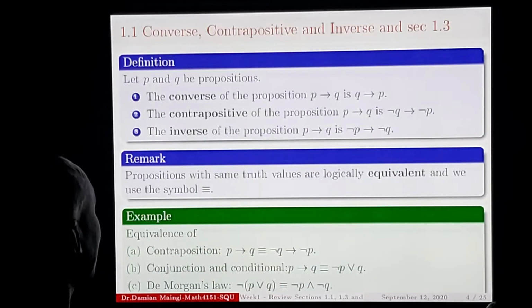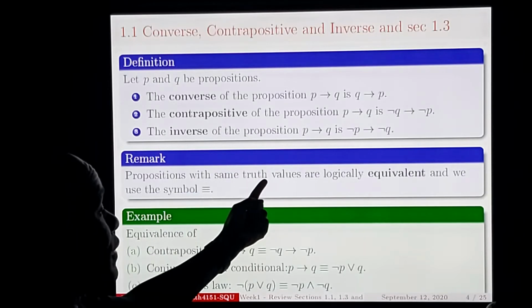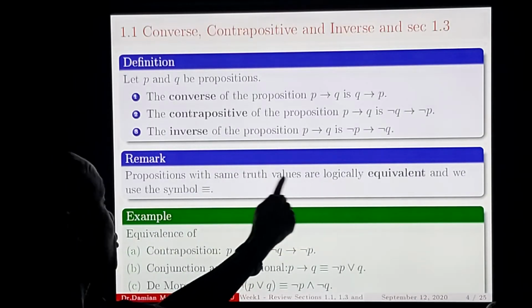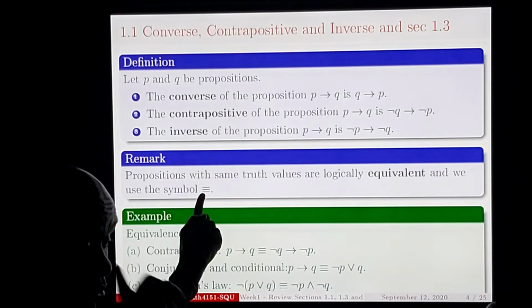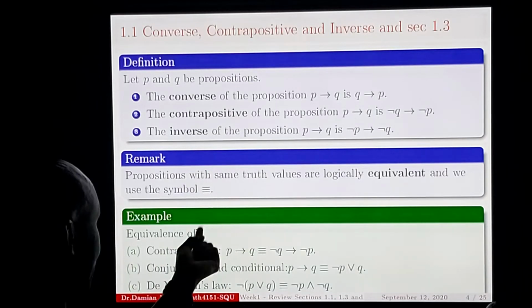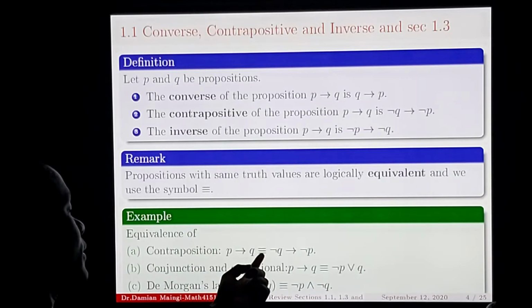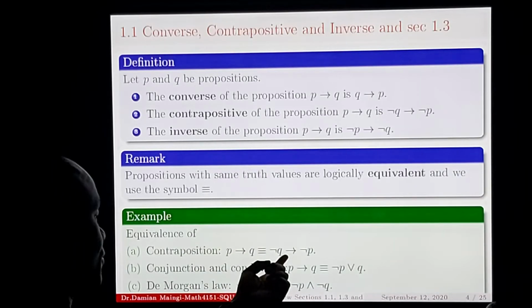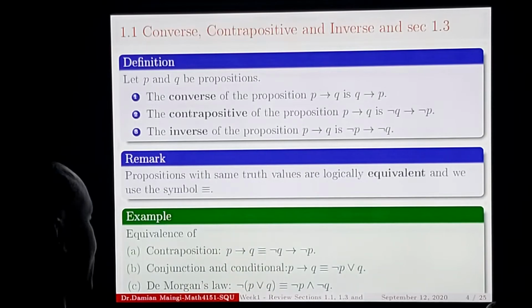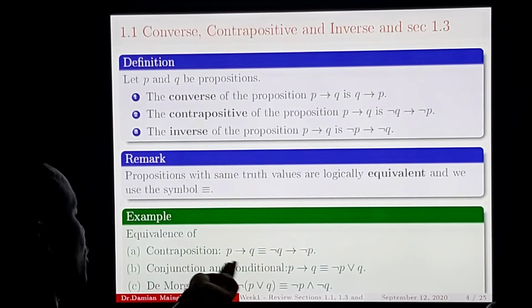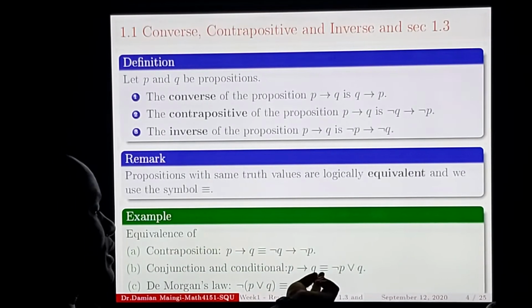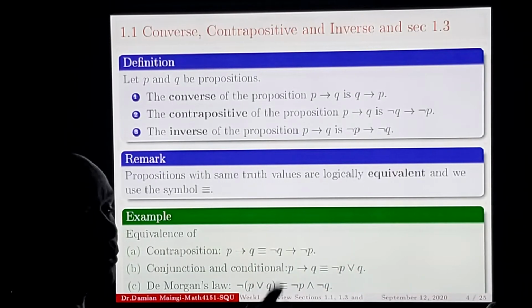Okay. Then propositions with the same truth values are said to be logically equivalent, and we use this symbol. We never say propositions are equal. Never. Example: the conditional p implies q is equivalent to its contrapositive. These are equivalent. You can verify this. The conditional p implies q is also equivalent to not p or q.